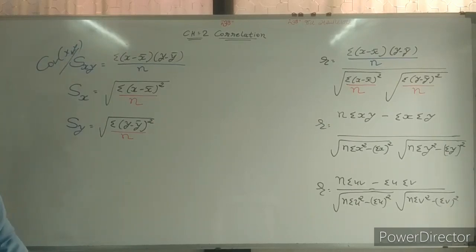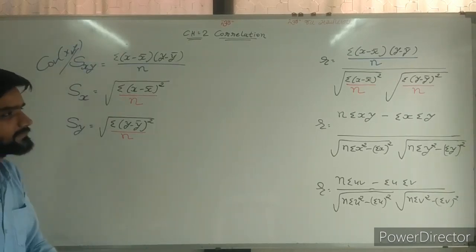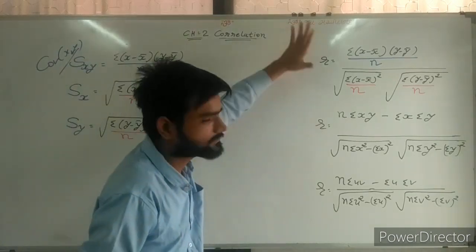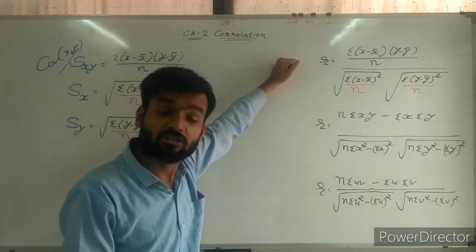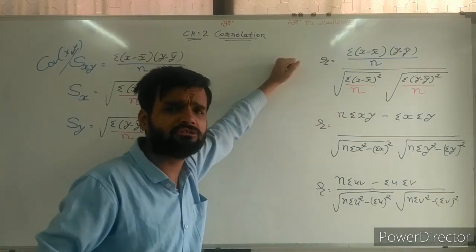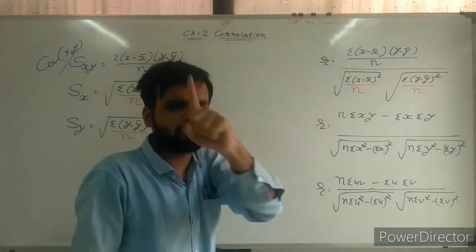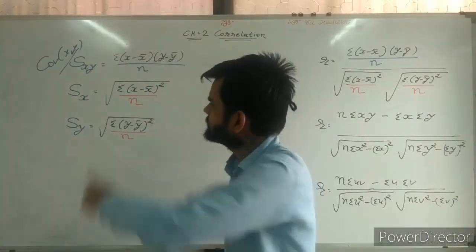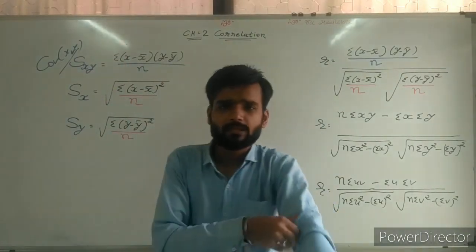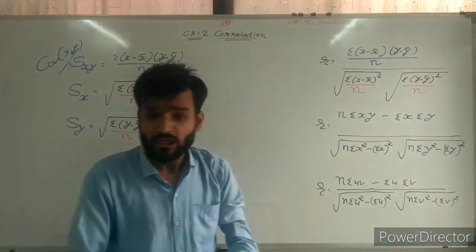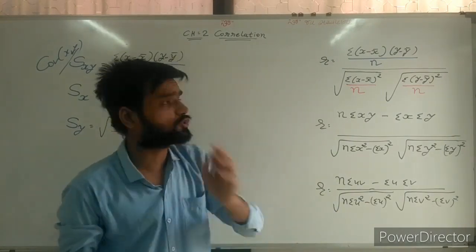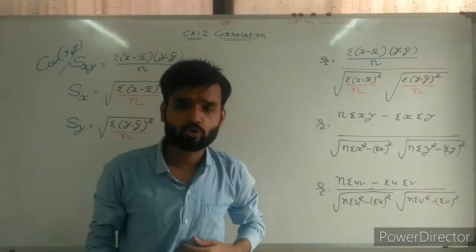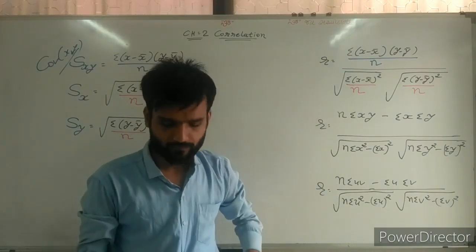So first of all, these three formulas I have made from this first one. Simple and very easy formula. In this way, you can remember these formulas very easily. Now, in this chapter we need to find only our correlation coefficient.